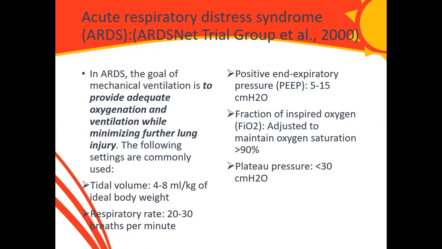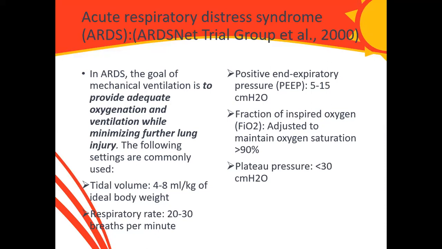I put a few slides here to show you the specific ventilatory considerations in some clinical conditions. The first one is ARDS. We know that a number of our patients come down with ARDS after some time in the ICU, or some can even come primarily with the diagnosis of ARDS.